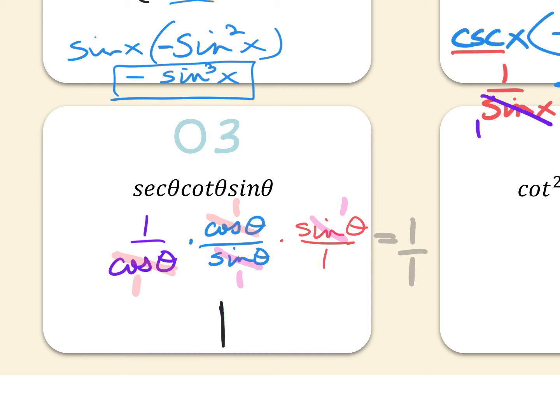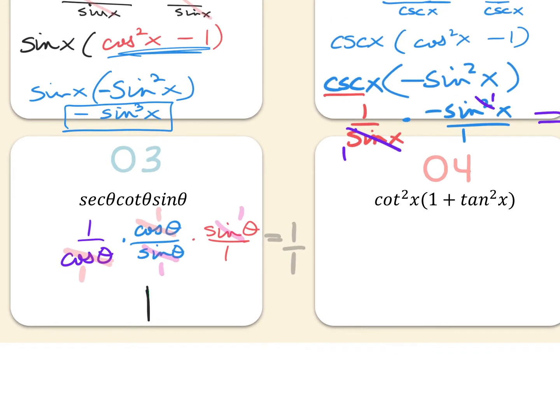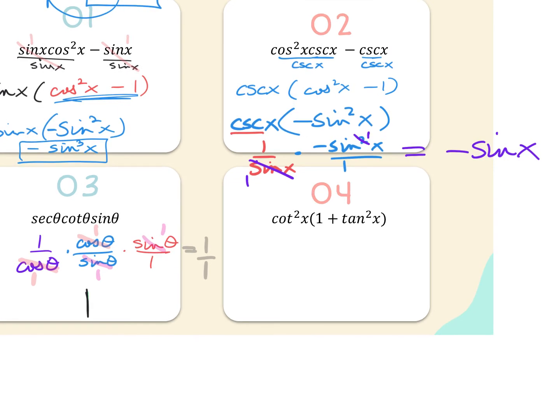For number 4, we're going to be using a Pythagorean identity and a quotient identity. So for the cotangent squared, I'm going to use a quotient identity. I'm going to change cotangent squared x into cosine squared x over sine squared x.